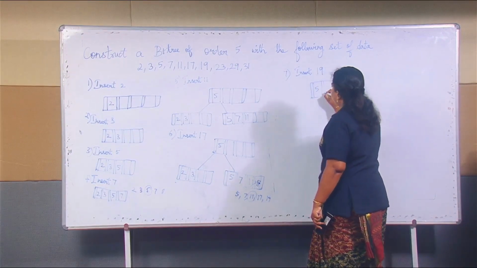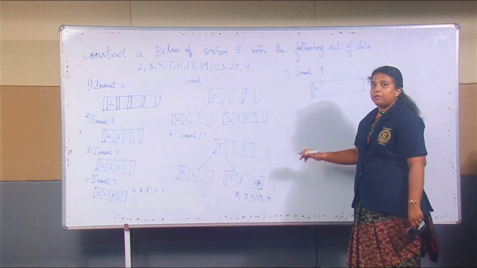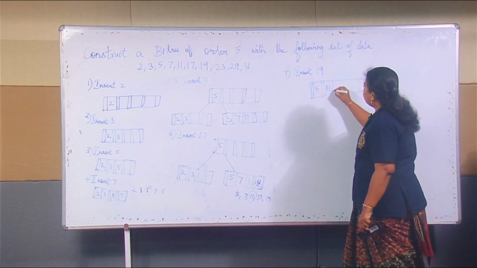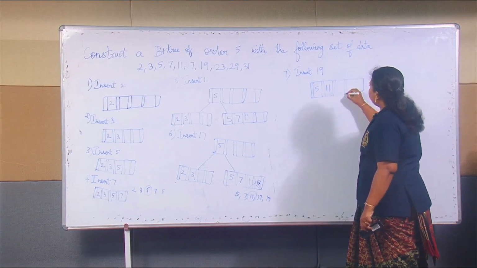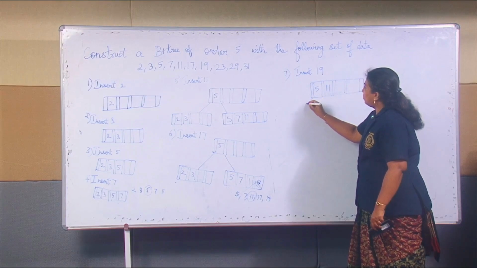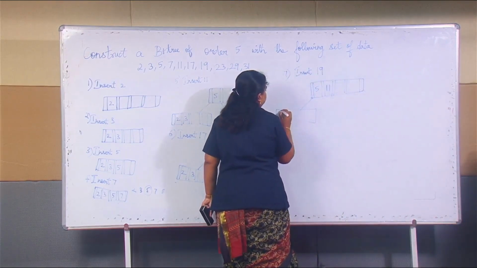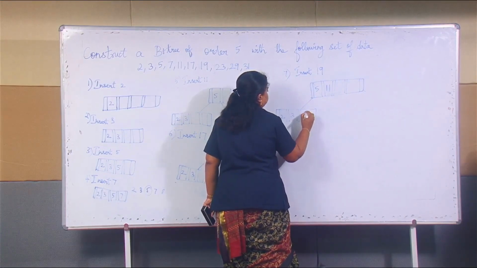The middle element 11 will be in the parent node with 5. Then on the left hand side of 5 we have 2, 3.